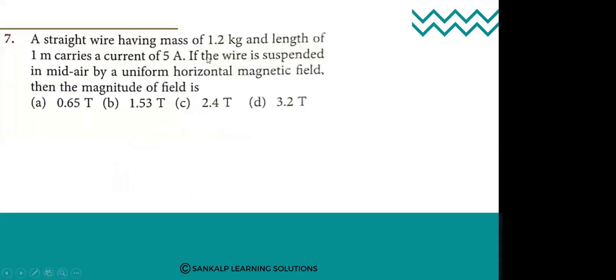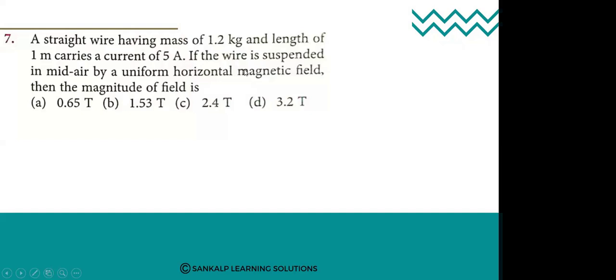Yes, so calculation part. See, a straight wire having mass of 1.2 kg and length of 1 meter carries a current of 5 ampere. If the wire is suspended in mid-air by a uniform horizontal magnetic field, then the magnitude of the field is. So here mass is given as 1.2 kg, length is given as 1 meter, current is given as 5 ampere.